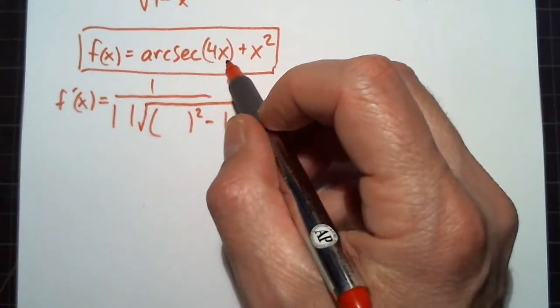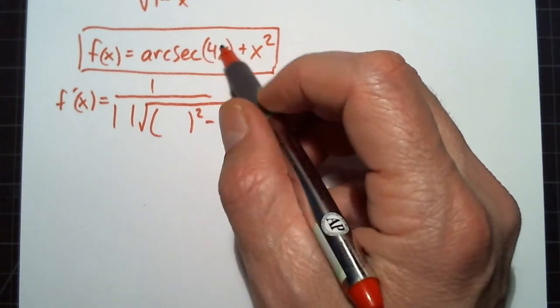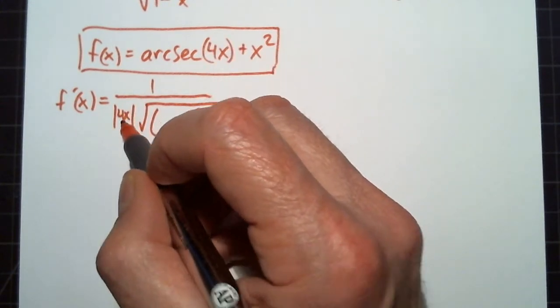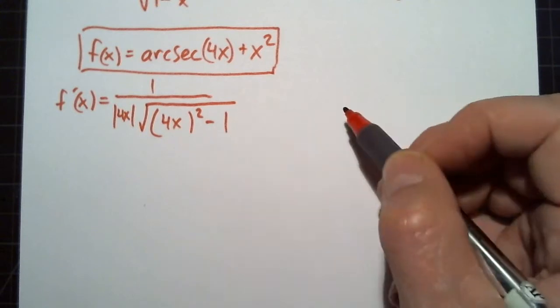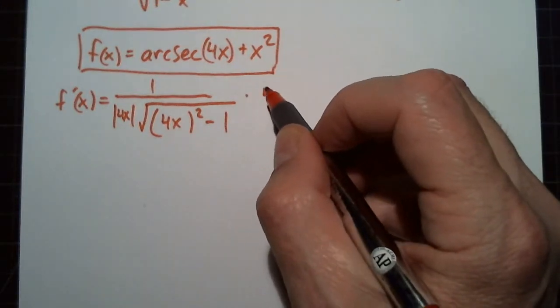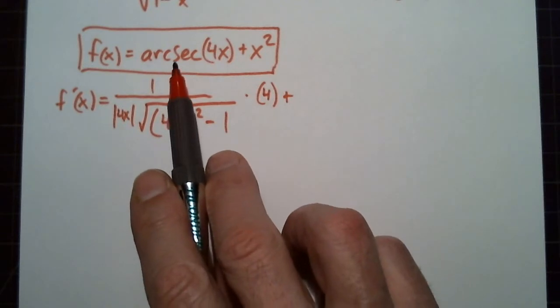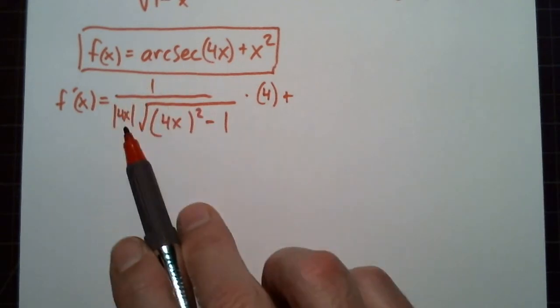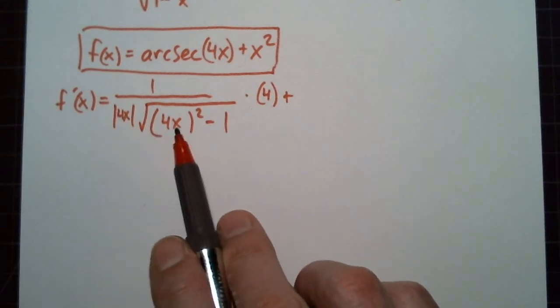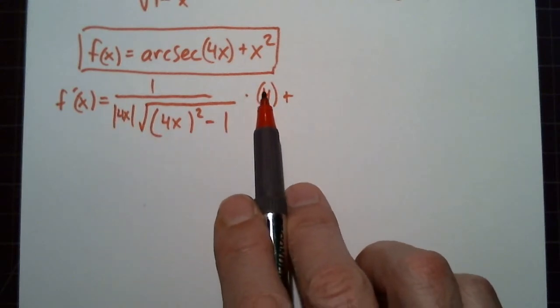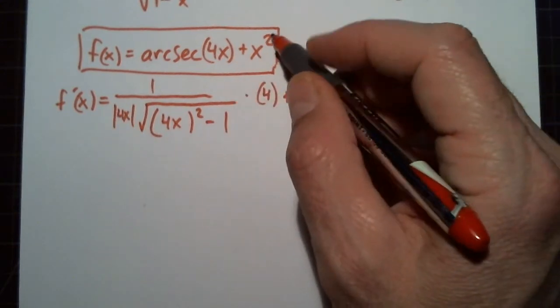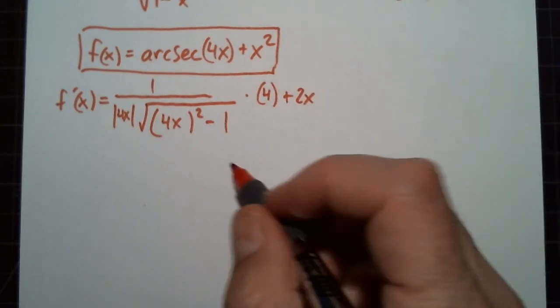And here the argument is 4x, so that's going to be a 4x times the derivative of 4x. So we're doing the derivative of arcsecant. Here's the derivative of the outside, leaving the inside the same, times the derivative of the inside. Don't forget the plus x squared, so that'll be a 2x.